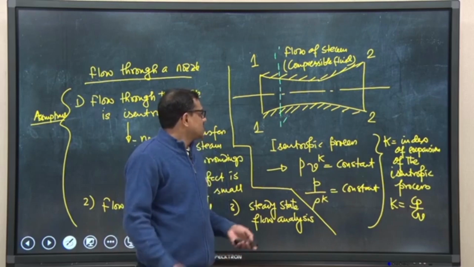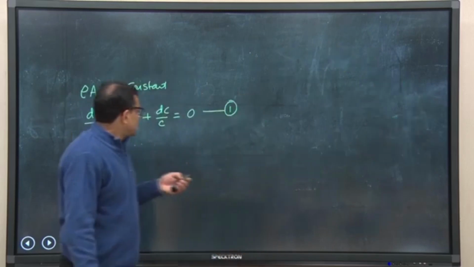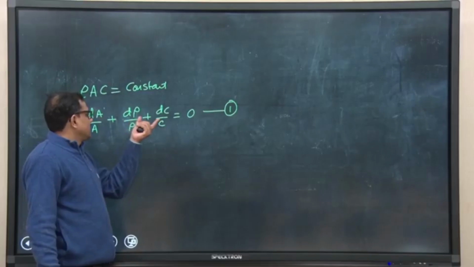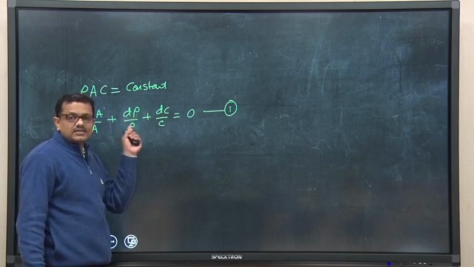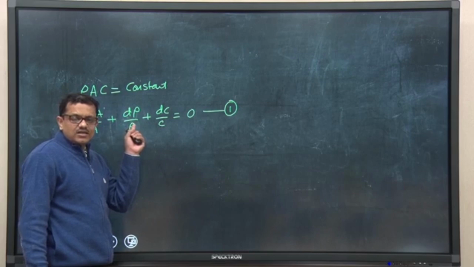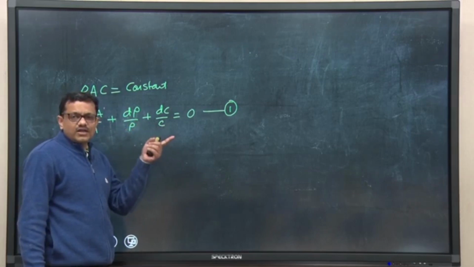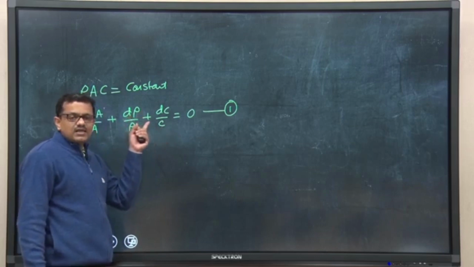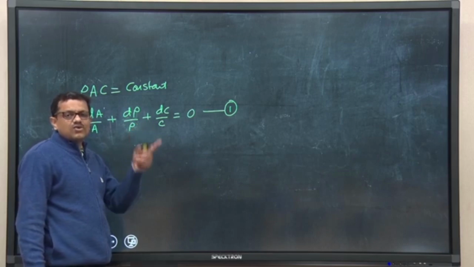If we look at this equation, we can understand that we could relate area with the velocity of steam along with the steam property, that is density. We are considering steam as a compressible fluid, so the density of steam does not remain constant throughout the nozzle.